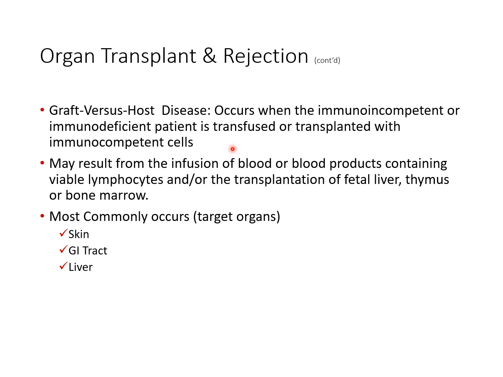It can also result from the infusion of blood or blood products containing viable lymphocytes, and or the transplantation of fetal liver, thymus, or bone marrow. So it happens in any of these target organs like the skin, the GI tract, or the liver. Any of these areas may be affected.